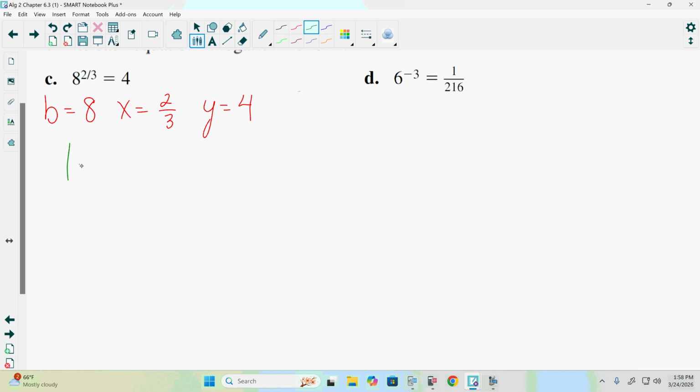So this here would be log base 8 of 4 equals 2/3.